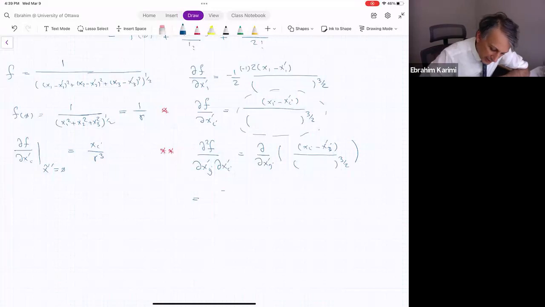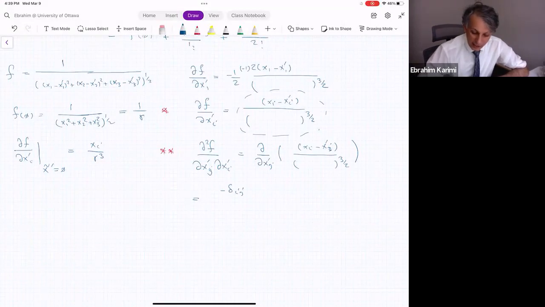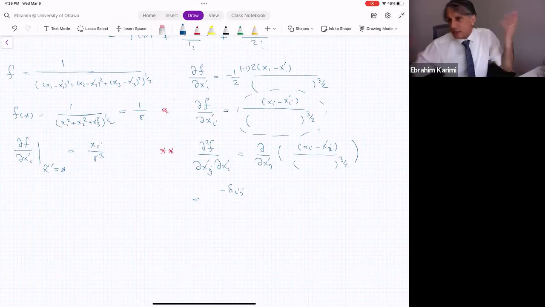It will be minus delta ij, because the derivative of xi with respect to x prime j is 0, and the derivative of x prime i with respect to x prime j is 0 unless i is equal to j, and when i is equal to j, that will be 1.